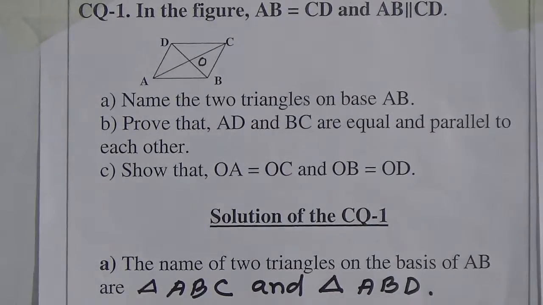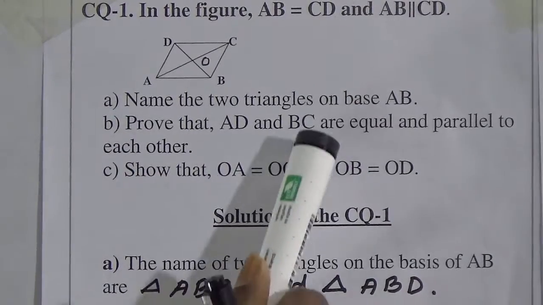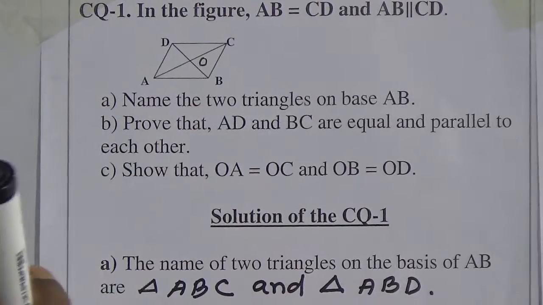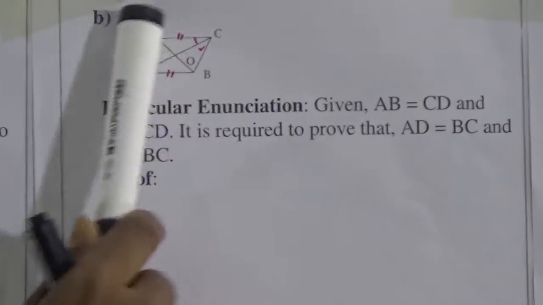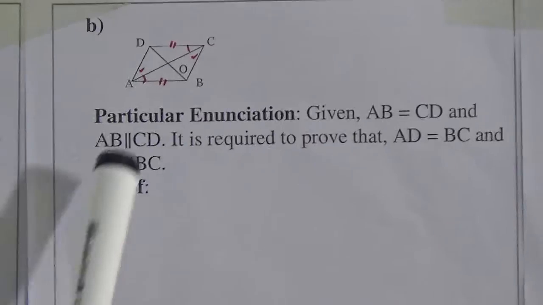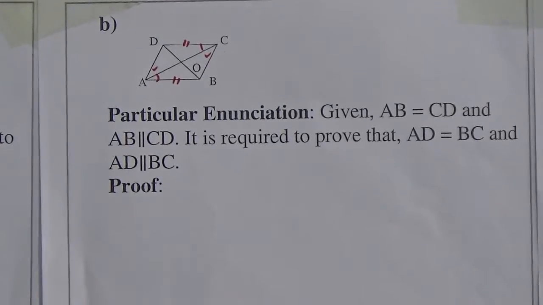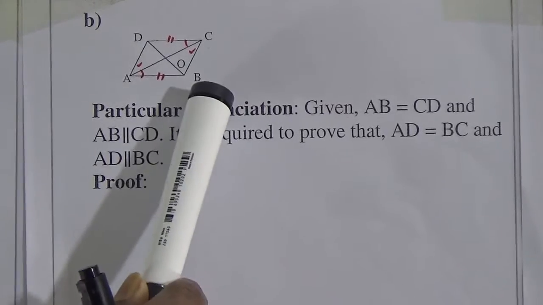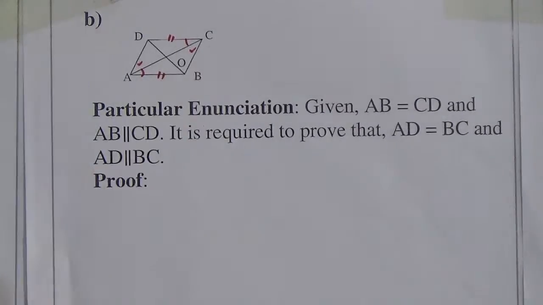Now, question number B. Prove that AD, BC are equal and parallel to each other. Given AB equal to CD and AB parallel CD, it is required to prove that AD equal to BC and AD parallel BC.